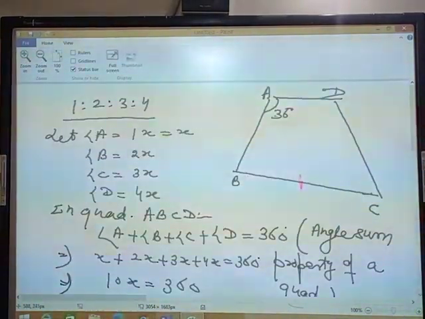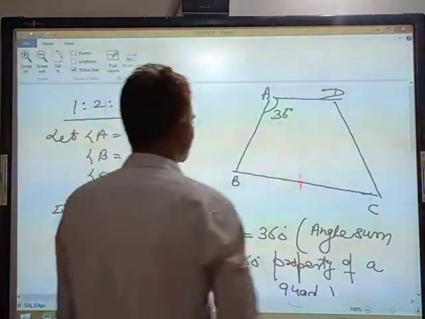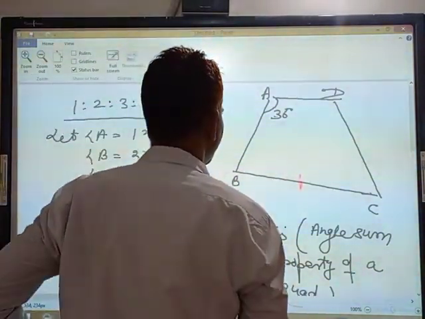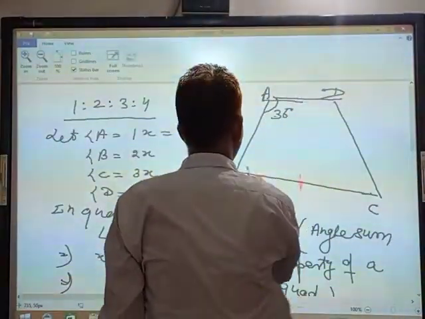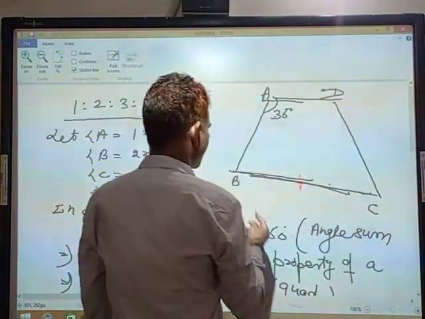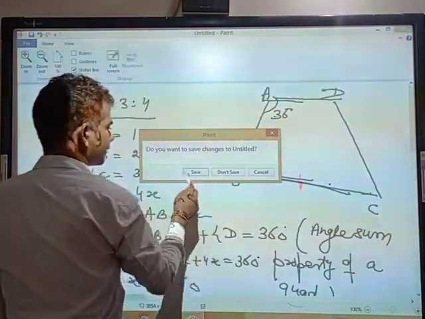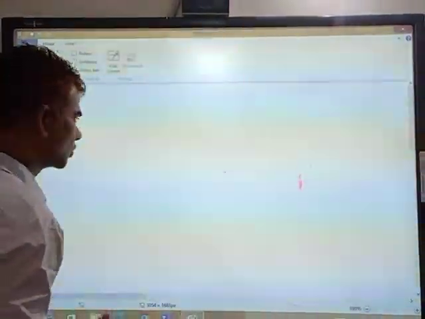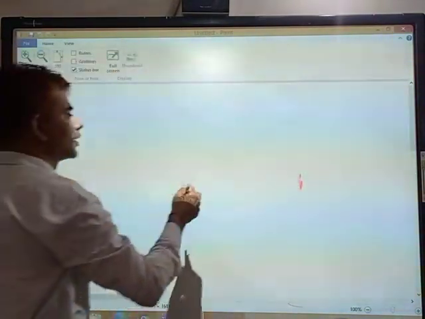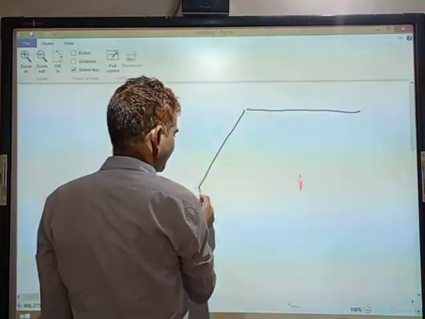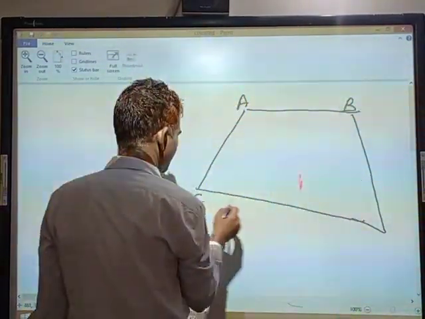Students, in this figure, angle A plus angle D. It means these lines will be parallel, and angle D will be here.